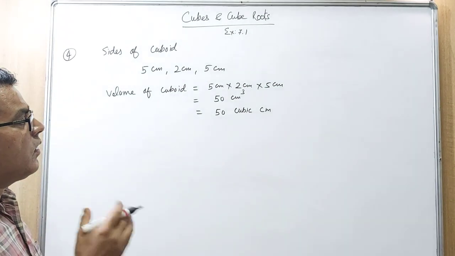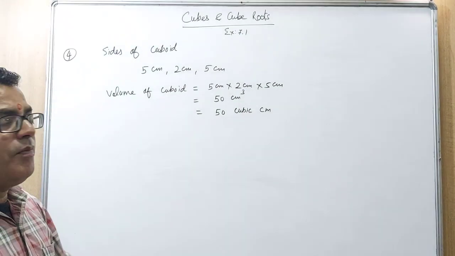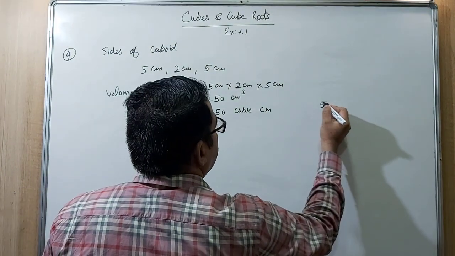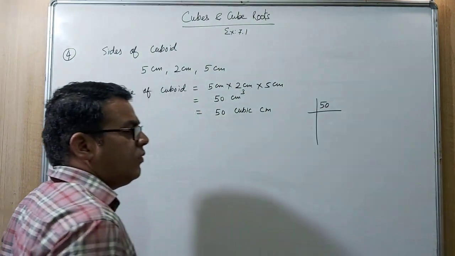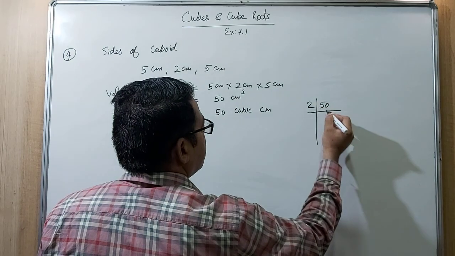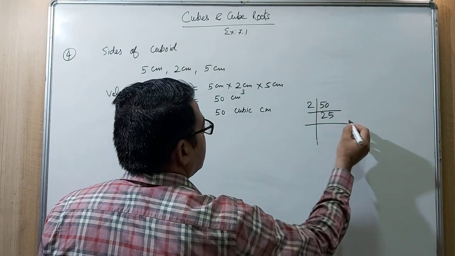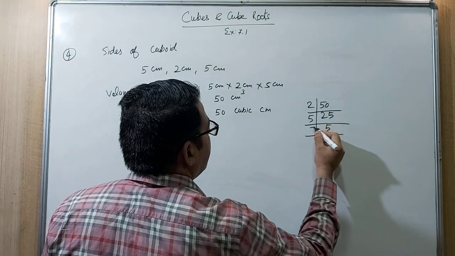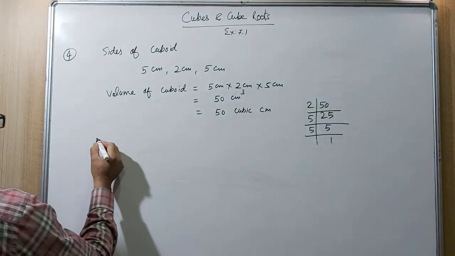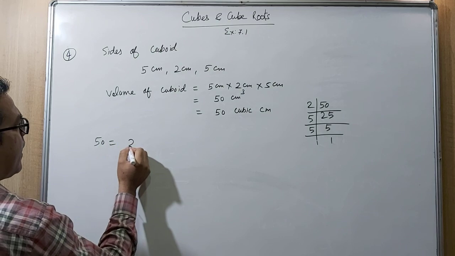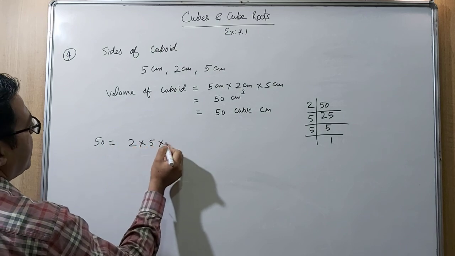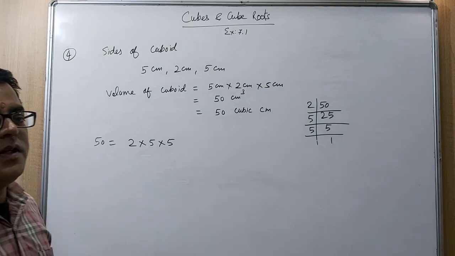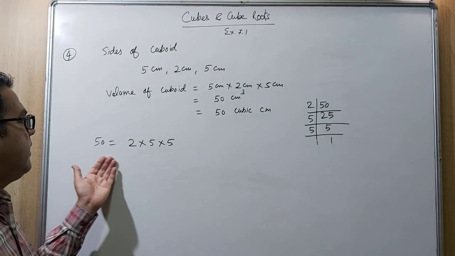So we need to make it perfect. How? By the prime factorization method, we need to take the factors by 2, by 5, 5 and by 5, 1. So factors of 50 we can write as 2 into 5 into 5. Now you can see here we are unable to make any triplet.